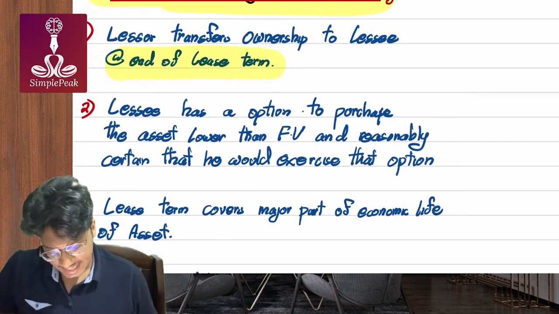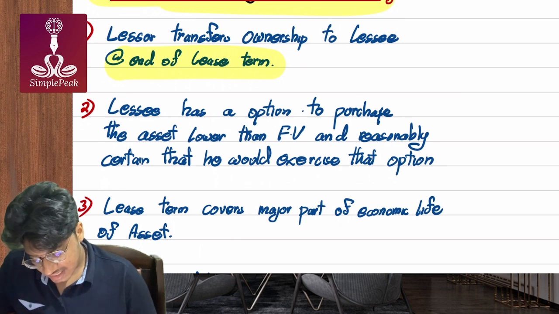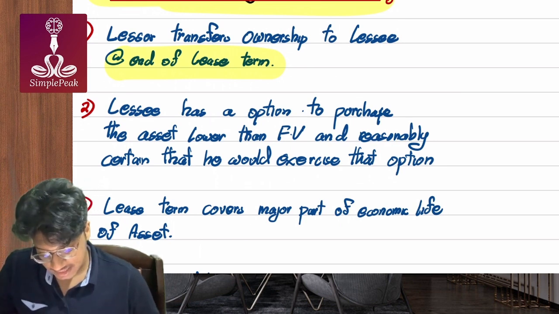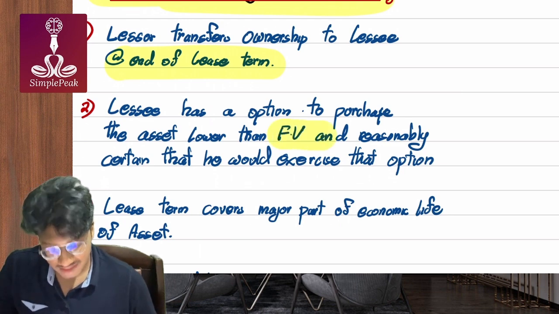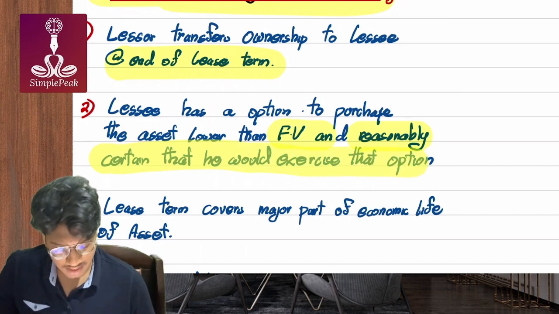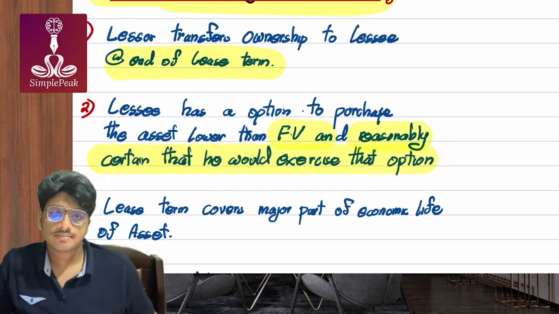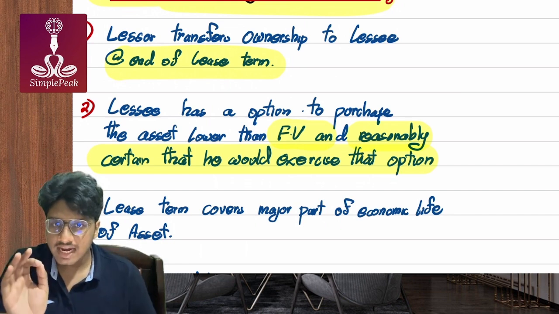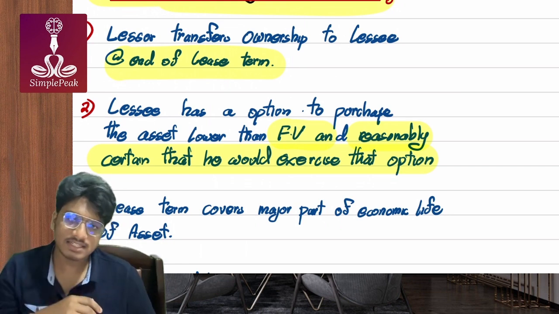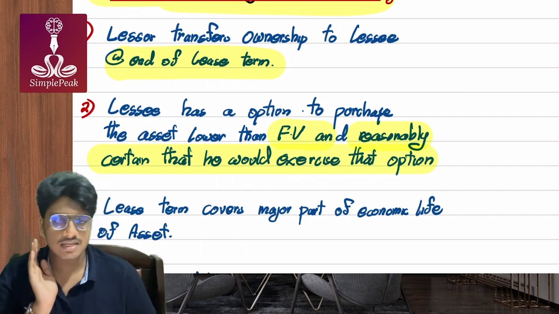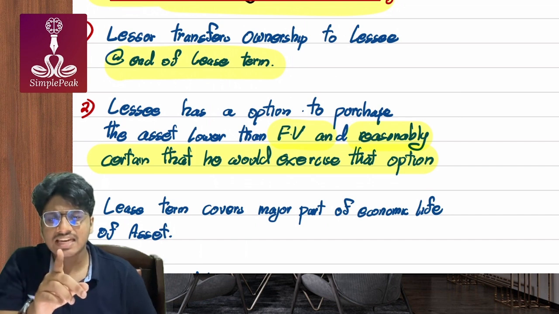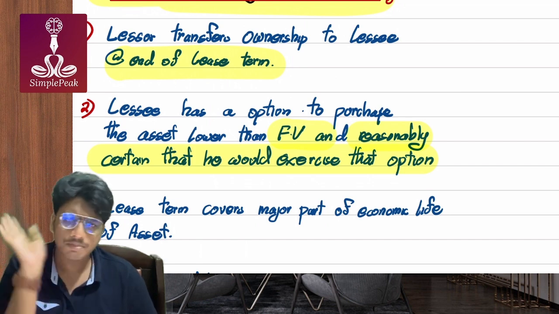And the second indicator would be that the lessee, in our case Anthony, has an option to purchase the asset at lower than the fair value of the asset, and it is reasonably certain that he would exercise that option. This is also at the inception date. Layman has given an option to Anthony that he can purchase this asset at the end of the lease term lower than the fair value, and Anthony is reasonably certain that he's going to purchase this asset.